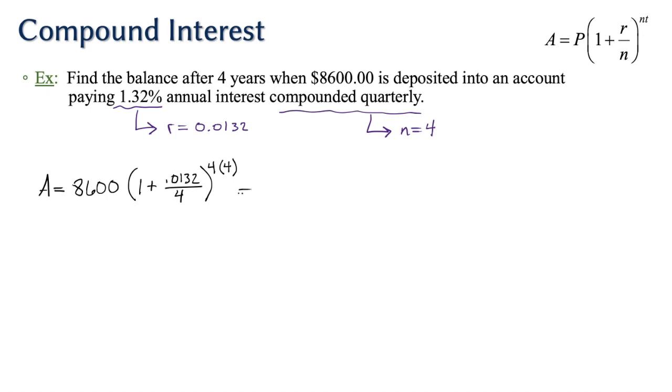When you calculate this, obviously it's not going to be a nice number, so simplifying is going to give you a decimal. We want to round it to 2 places because it represents money. When you punch this in your calculator and simplify it, you're going to get $9,065, and when we round to 2 places, it's and 49 cents.